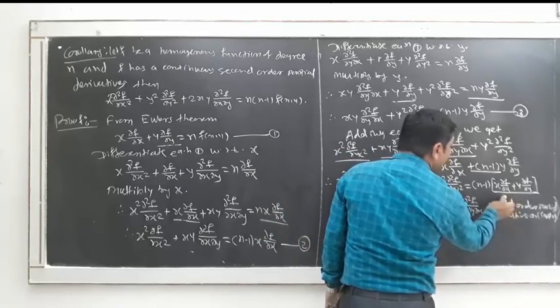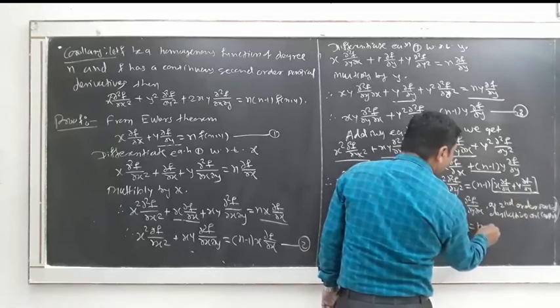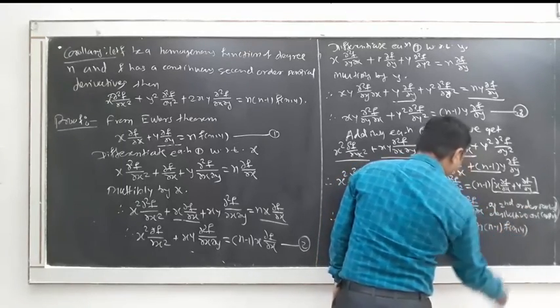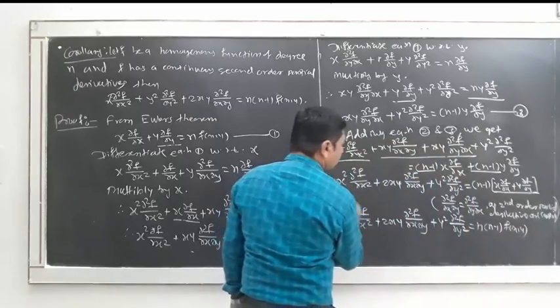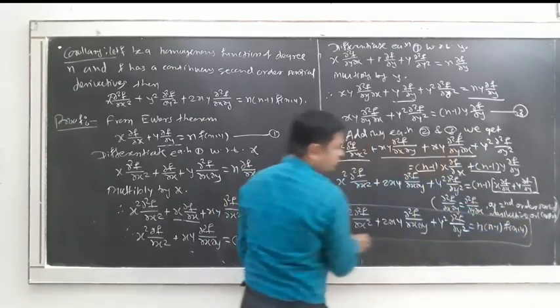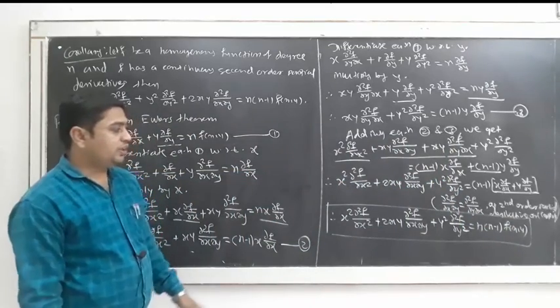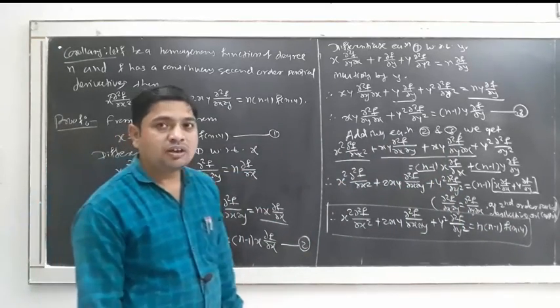The value of this is n into f(x,y), so n into (n − 1) f(x,y), and this is our required solution.